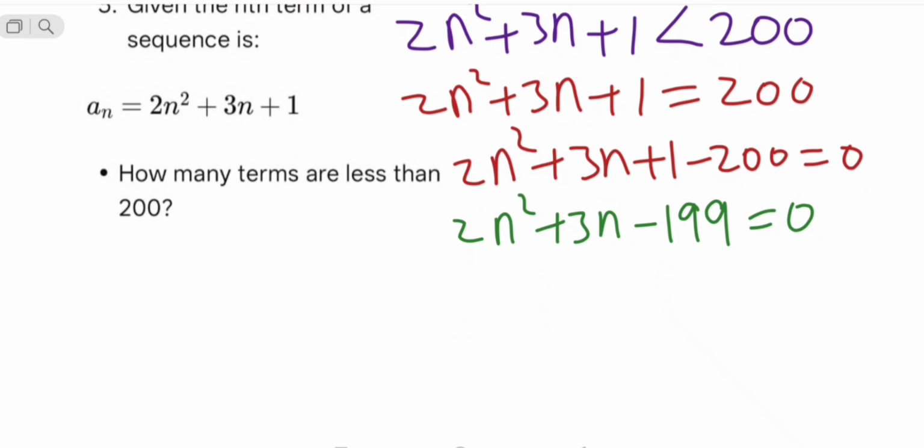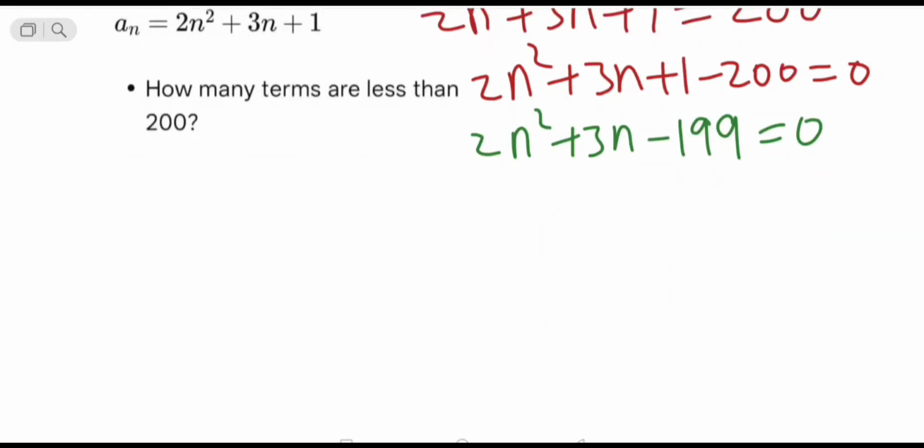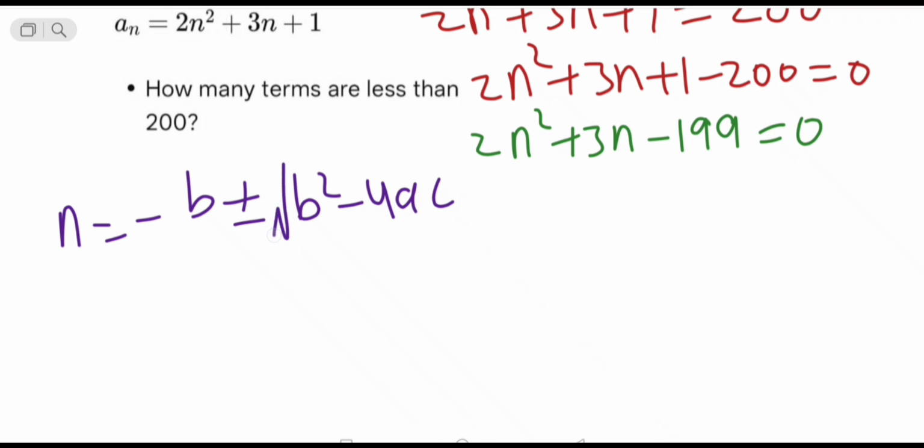Okay, now this is a quadratic equation. We can solve this with different methods, quadratic formula, factorization. This is a big number, so better we will use the quadratic formula. So what is the quadratic formula? n equals minus b plus or minus the square root of b square minus 4ac, over 2a. What is the value of a?